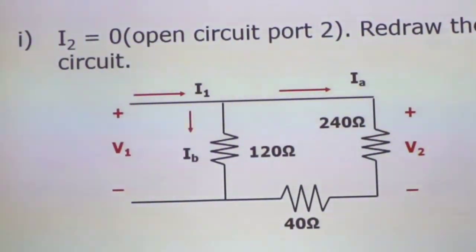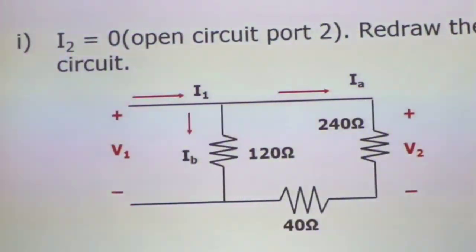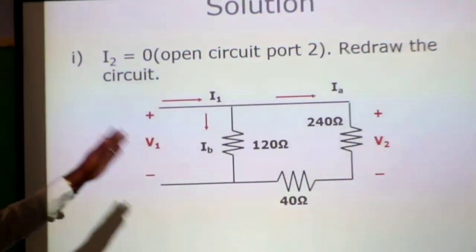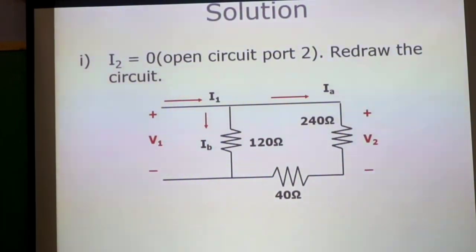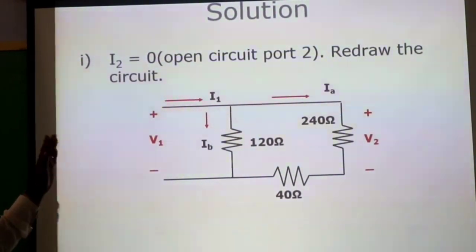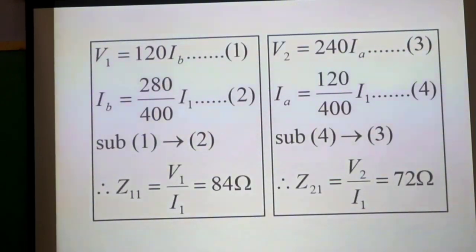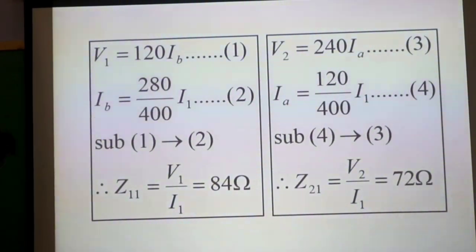Next. First, initial solution: I2 equal to 0. I2 equal to 0 means V2 is open. The configuration is like this. Next one. V1 equals 120 Ib.